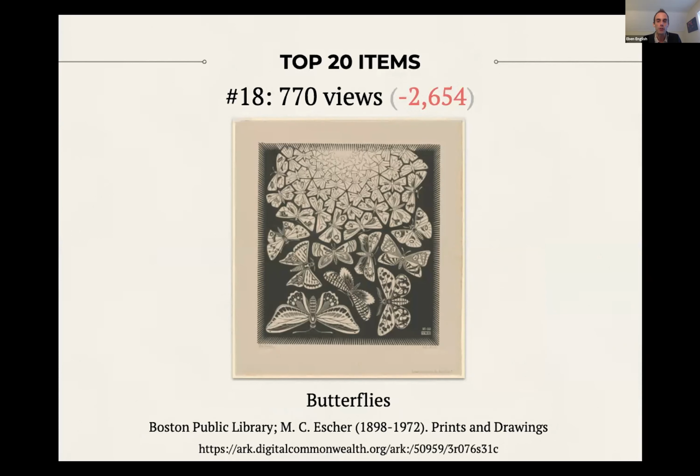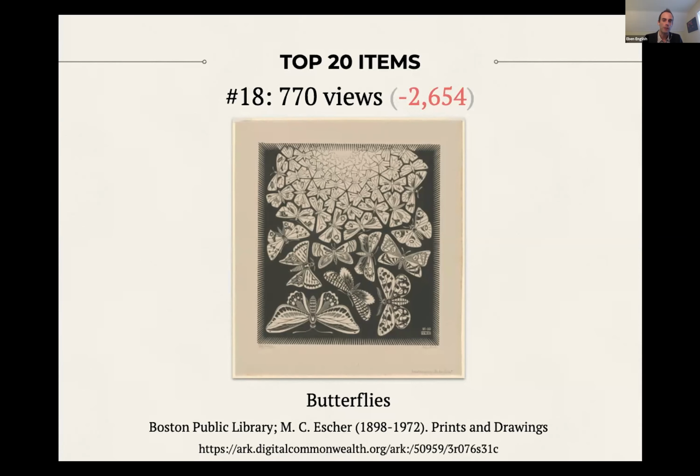You can see the numbers on this one are way down. The Escher collection last year got a huge boost from a Gizmodo article feed that linked to the collection. So those numbers were really super high last year. So we're thinking this year they might be going back to what their normal usage might actually be. We'll have to keep an eye on that in the future.